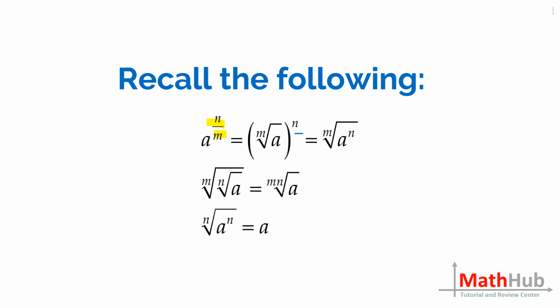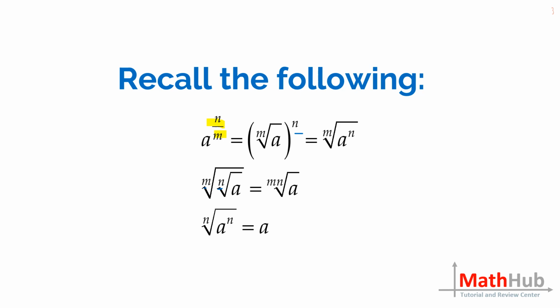Alright? And then if you have the nth root of the mth root of a, you simply multiply the indices. And then, of course, the nth root of a raised to n is equal to a.